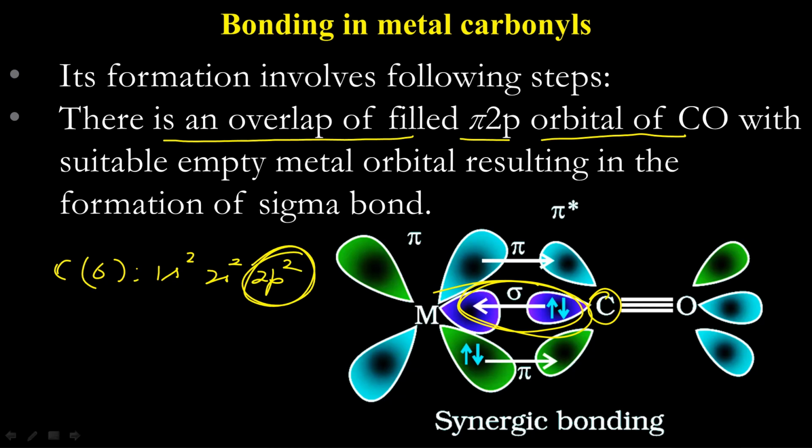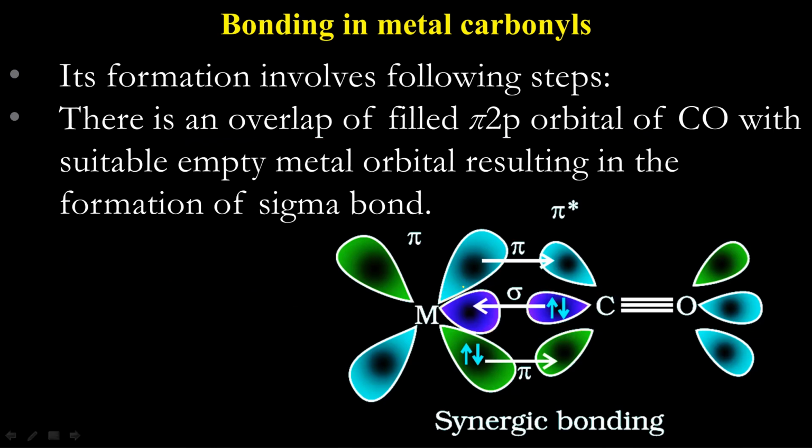So these 2p electrons, which are parallel, obviously pi electrons, give their 2 electrons to an empty orbital of the metal. There will be an empty orbital of the metal. So these 2 electrons will be given and carbon will form the sigma bond first. Then what will happen?